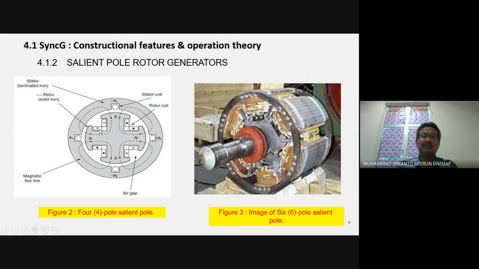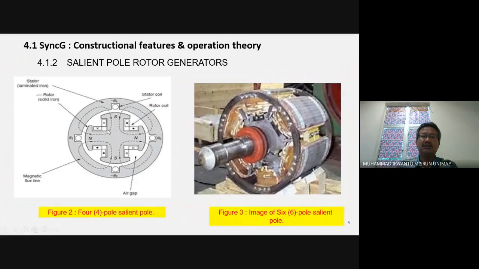And then the winding is put here for the rotor. Remember, the winding is fed by the DC current, and when the rotor moves, the DC current flows through the winding and produces the magnetic field.